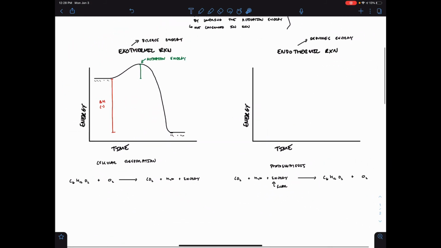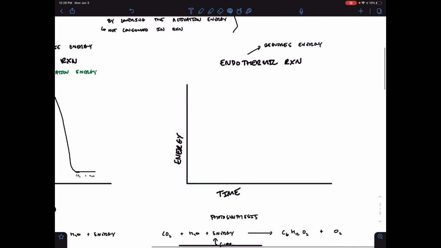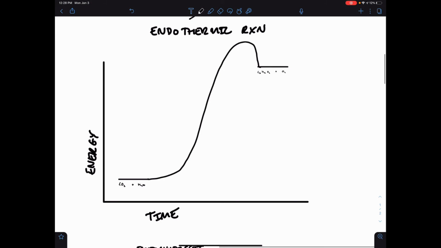And the same thing would be true of, if we copy this, our endothermic reaction here. So if here's the energy of our reactants, and here's the energy of our products, we actually have to provide more energy for this reaction to take place.